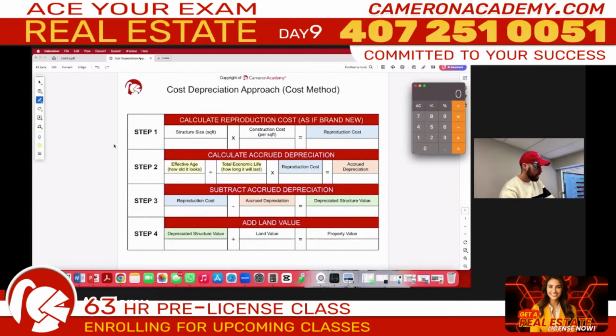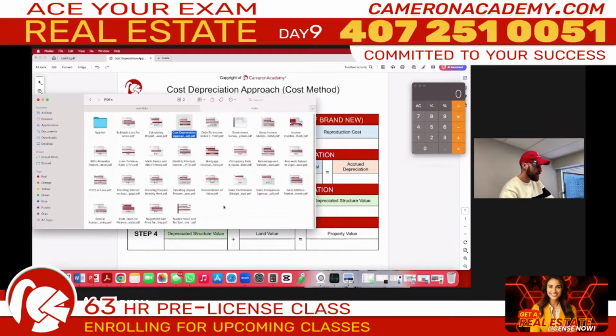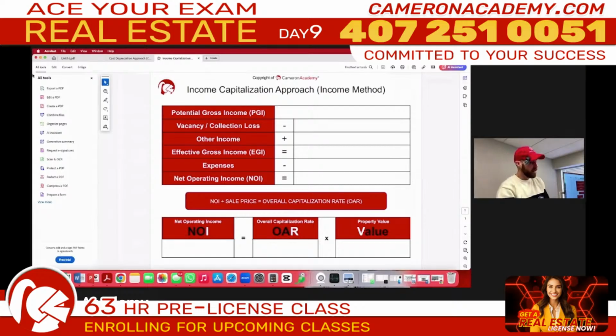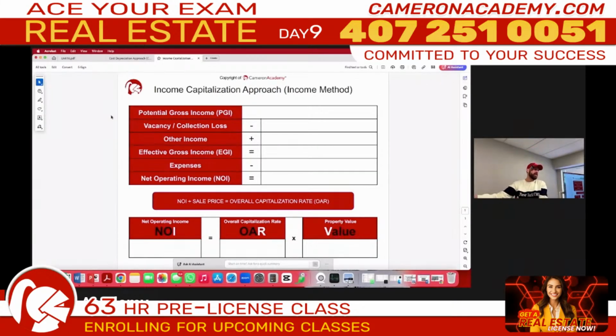Okay. Let's move on to what I like to call the income capitalization approach. They call it the income method. And we're using income that the property is producing to figure out the value. And this is very useful. It's one of my favorites because I'm on the investment side of the business. And as an investor, I have goals I want to accomplish.